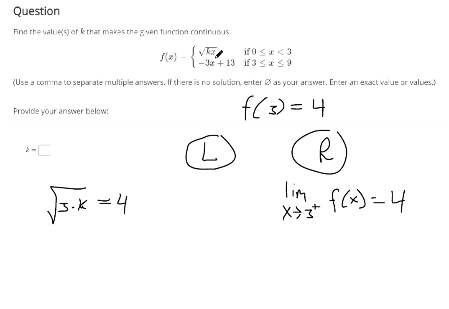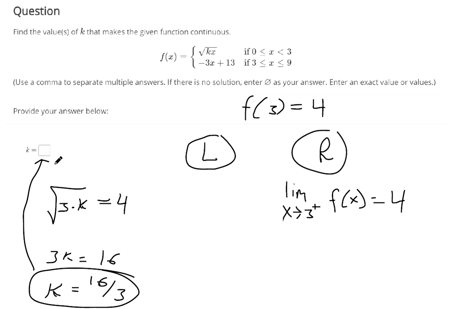Okay, so again, we're evaluating the limit as x approaches 3 from the left. So we can just take this equation by plugging 3 in and set it equal to 4, what it's supposed to be for there to be continuity. And if you solve that, you square both sides, divide both sides by 3, so I get 16 over 3 for k. And you can check your work too.